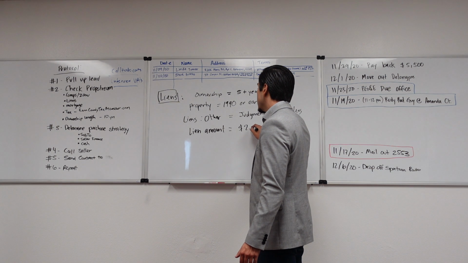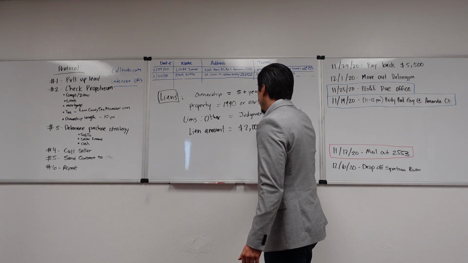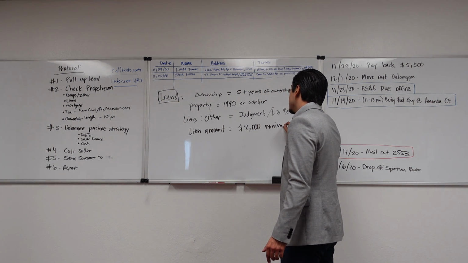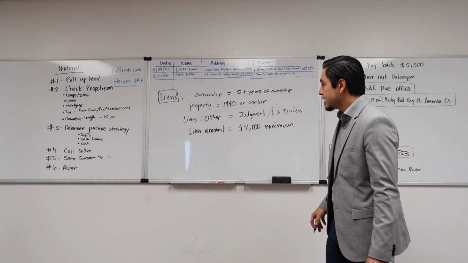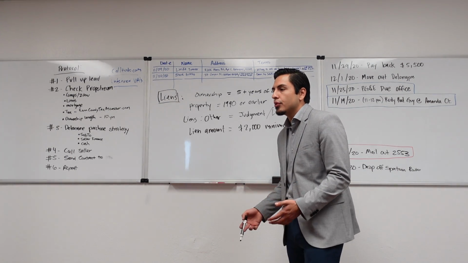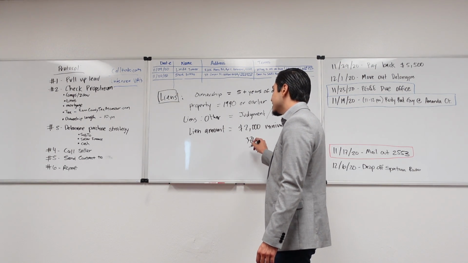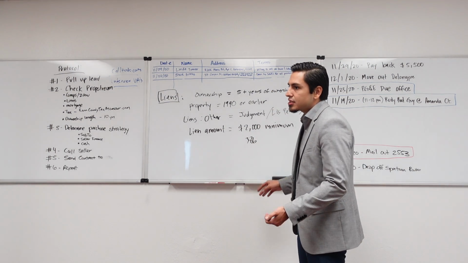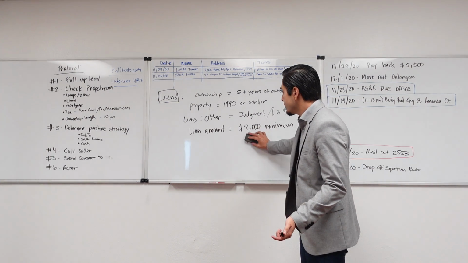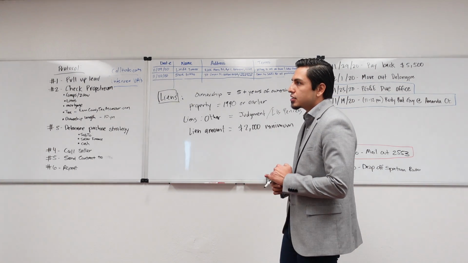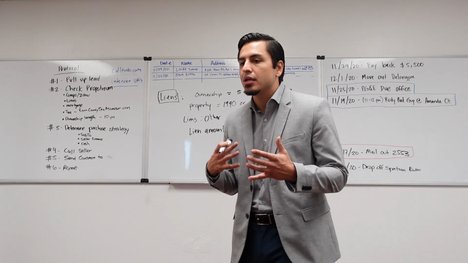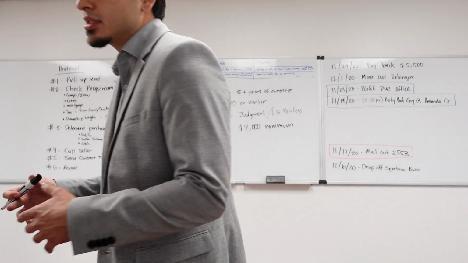I like to do a $2,000 minimum lien. The reason why $2,000 is because it makes it more painful. There are some people that have liens for like $386. $386 doesn't mean that they want to sell their property. $2,000 is already something that pushes them a little bit more towards selling.